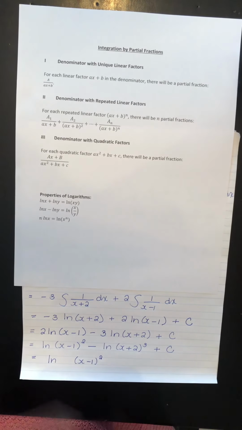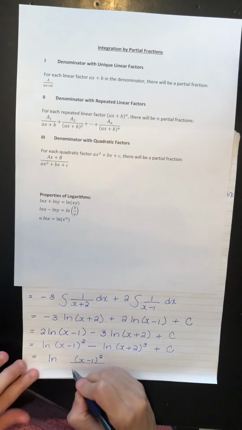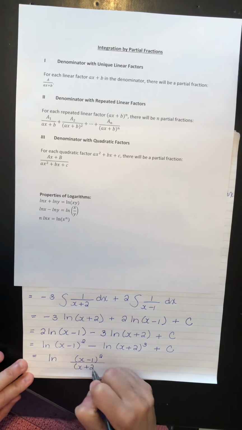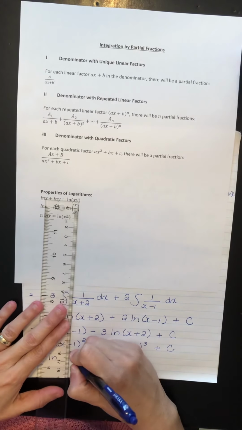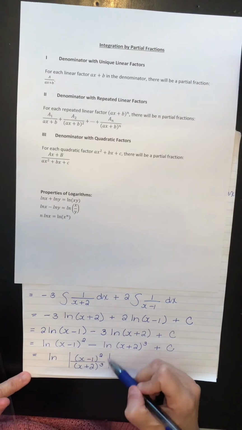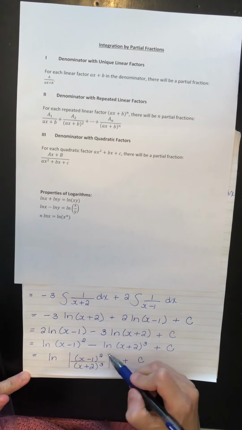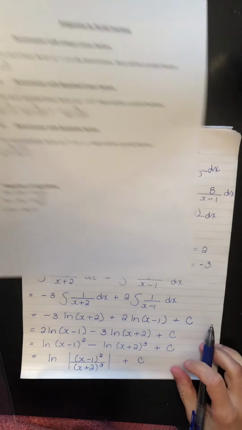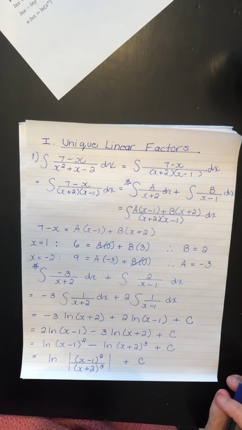X minus 1 all squared will be on top of x plus 2 all cubed. If you look at your table of integrals, you'll find that we always use absolute value signs here around our argument, and that's of course because the logarithm of a negative number is undefined.